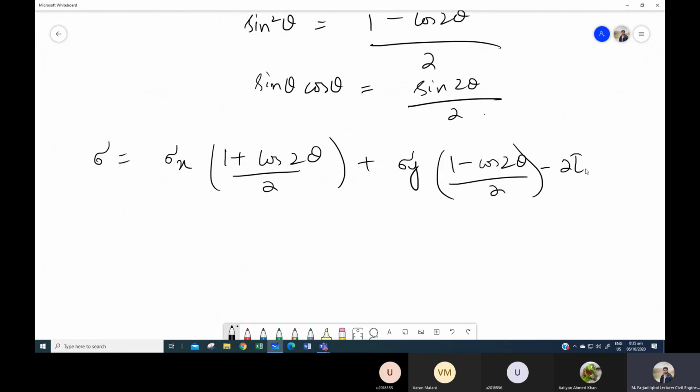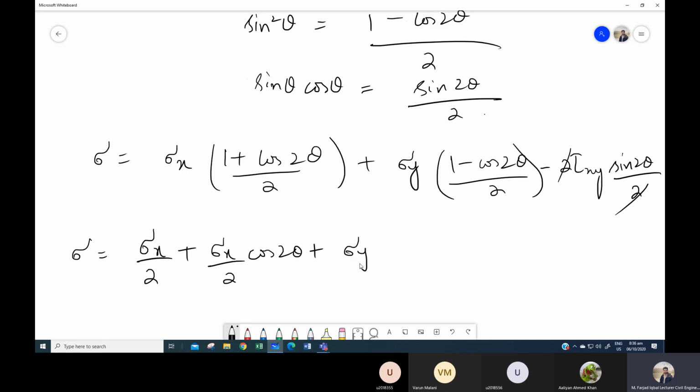So minus 2 tau xy sine 2 theta by 2. So this 2 will cancel out with this one. If I further simplify this, I would get sigma x by 2 plus sigma x by 2 cos 2 theta plus sigma y by 2 minus sigma y by 2 cos of 2 theta minus tau xy sine of 2 theta.